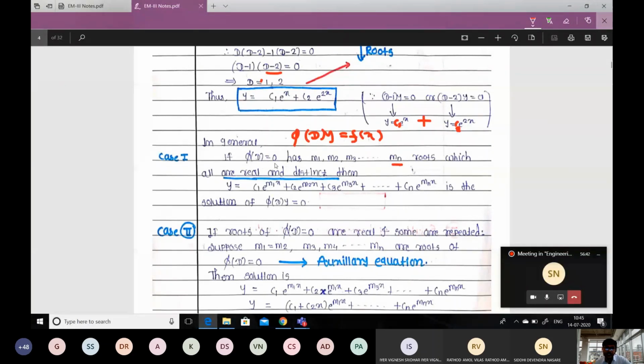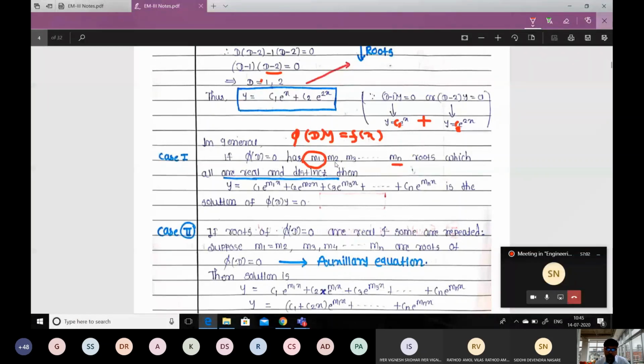So if phi of D equal to 0 has roots m1, m2 up to m suffix n, which are all real and distinct, then this is the way of writing the solution. Let me generalize this. Corresponding to the first root m1, we write the solution c1 e to the power m1 x.